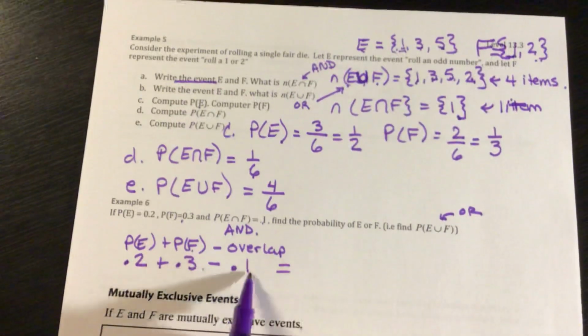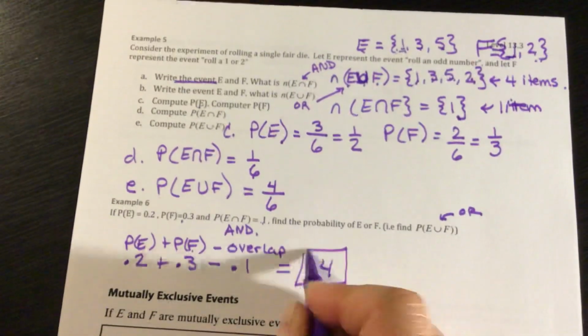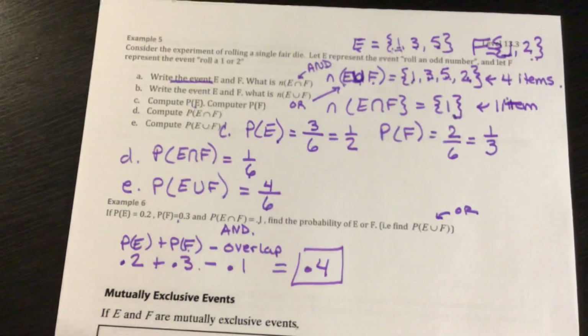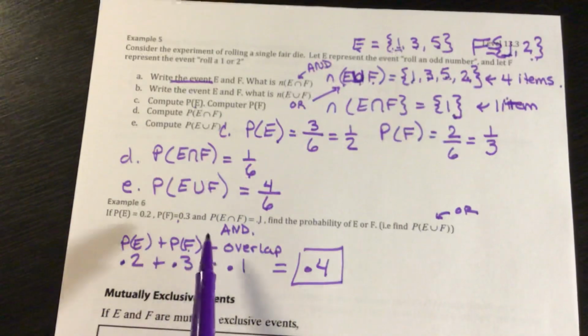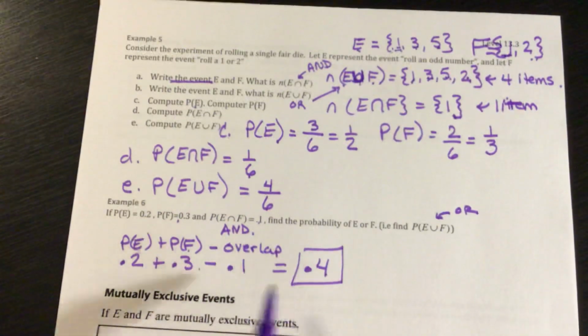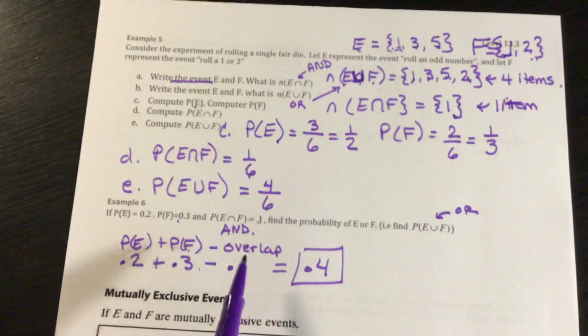So this is 0.4. 0.4 is the probability that they're in one or the other set. Okay, we were looking at this with the Venn diagrams. And this is where we had to subtract the overlap.